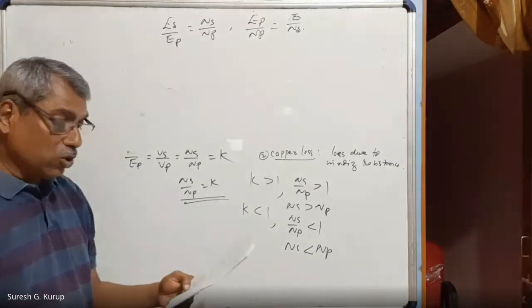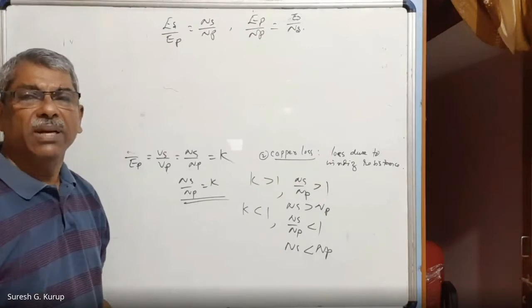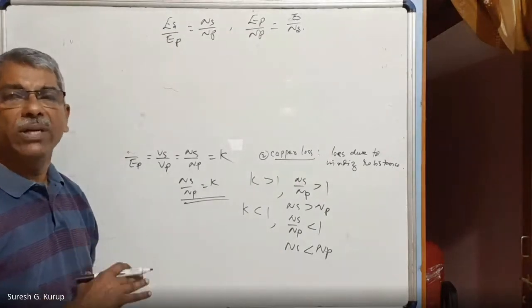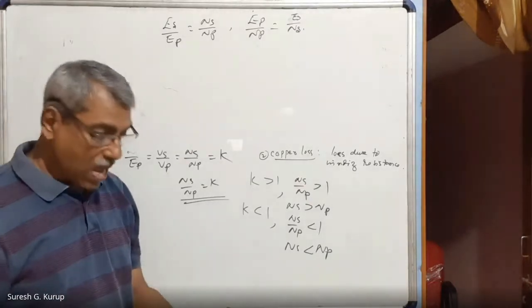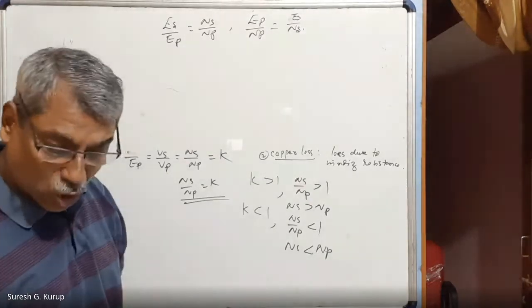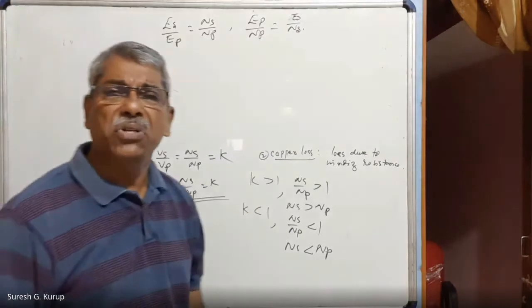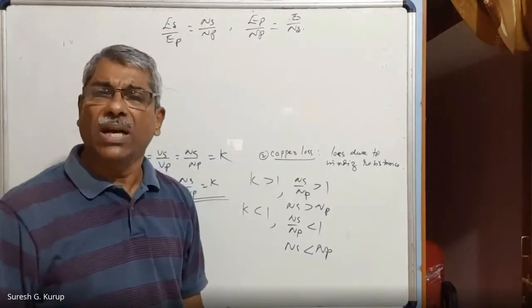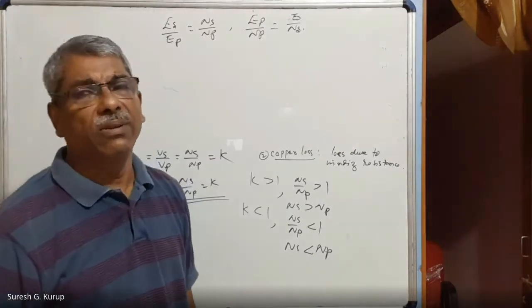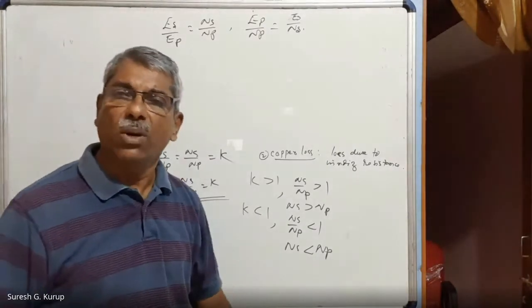And also in a transformer, the frequency is the same. The frequency of the voltage in the primary and also in the secondary will be same. And also efficiency of a transformer is very, very high because it is prepared in such a way that there is no leakage of the flux. Other losses also minimized.